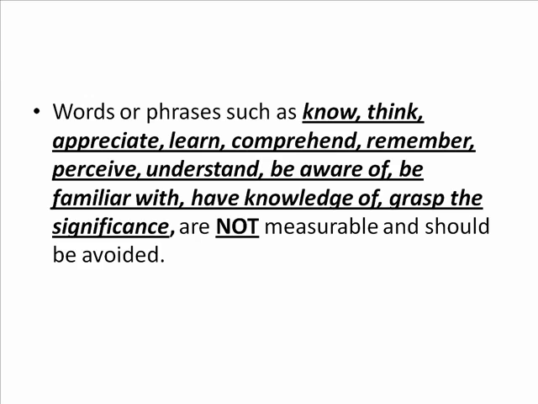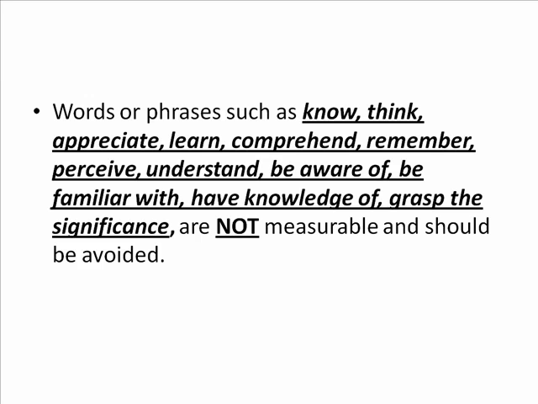Now notice this. Words or phrases such as know, think, appreciate, learn, comprehend, remember, perceive, understand, be aware of, be familiar with, have knowledge of, grasp the significance, are not measurable and should be avoided. These are not measurable verbs.